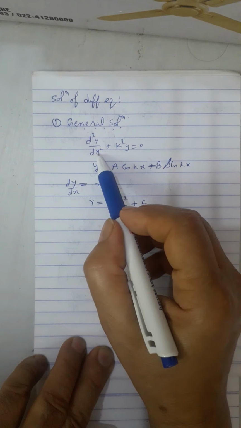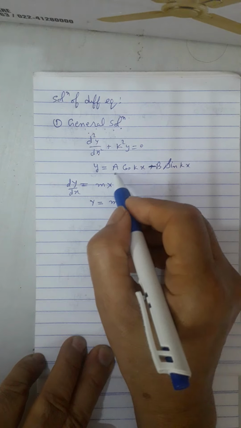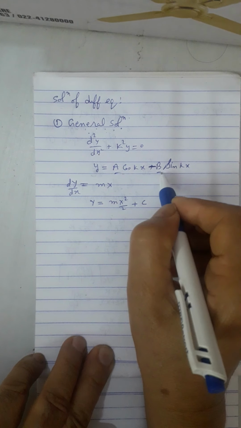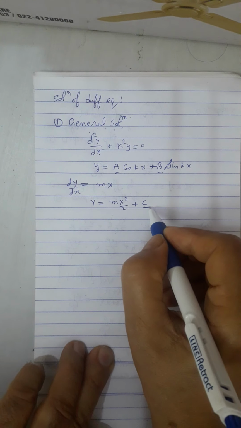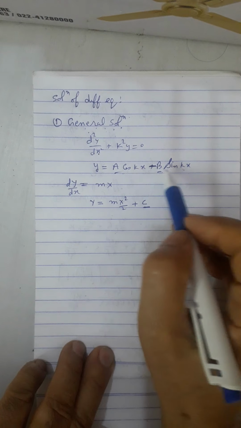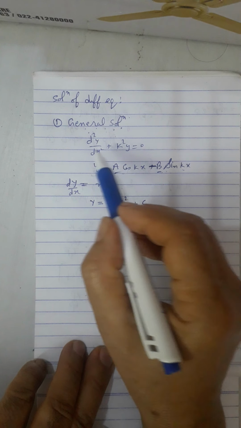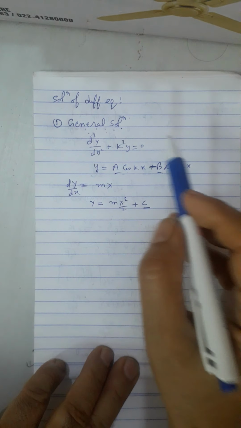See, this is a second order differential equation, so its solution gives us two constants a and b. This is a first order differential equation, so it gives us one constant c. So in these solutions, the number of constants is equal to the order of the differential equation.